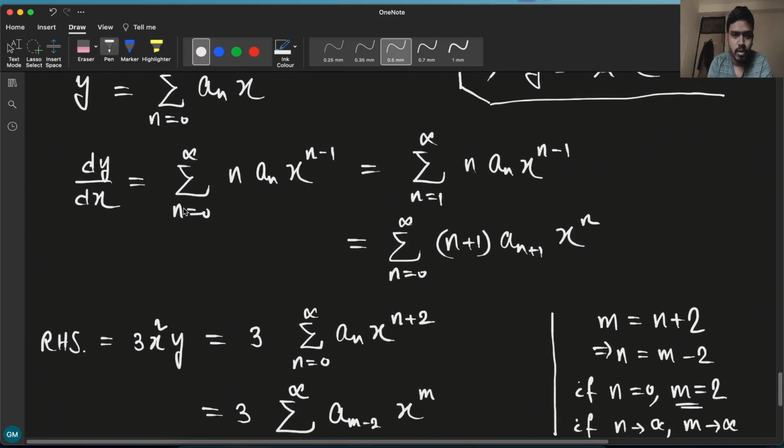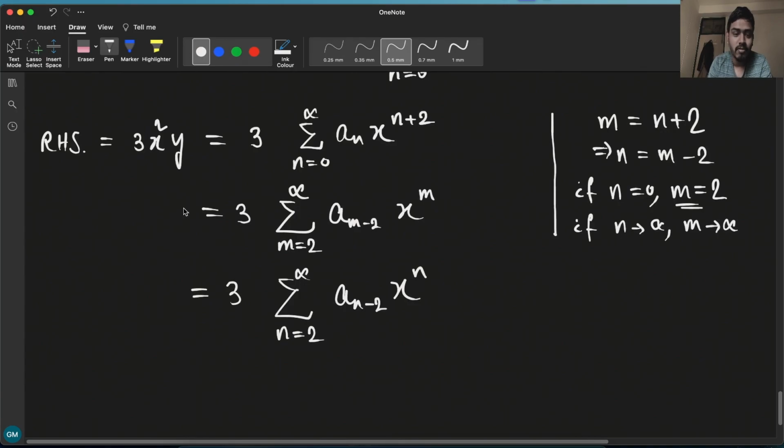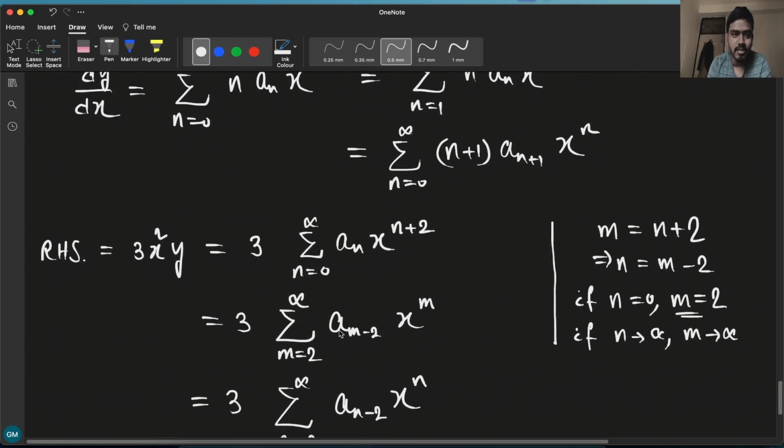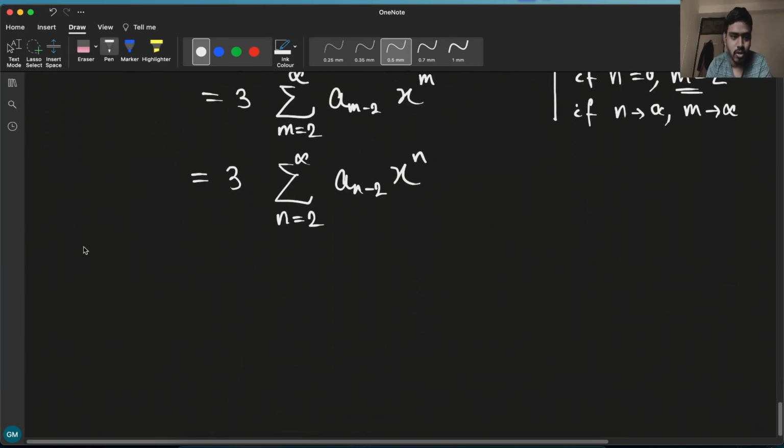So now we can safely compare the coefficients.